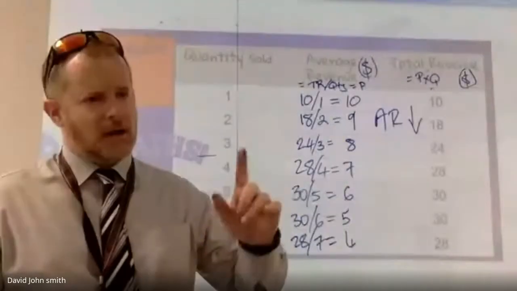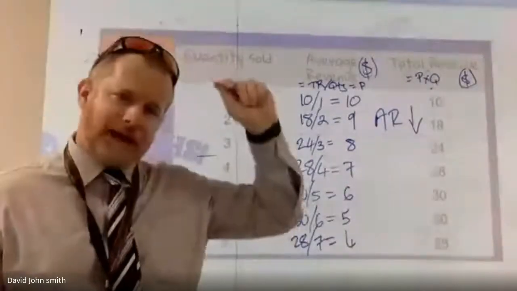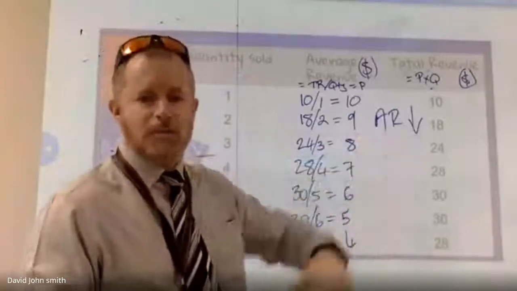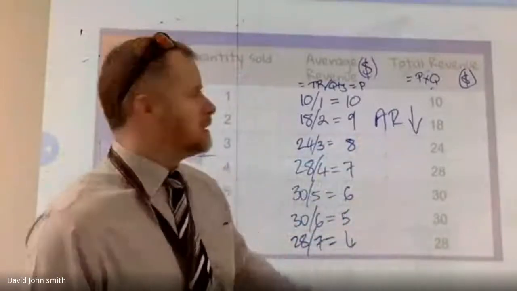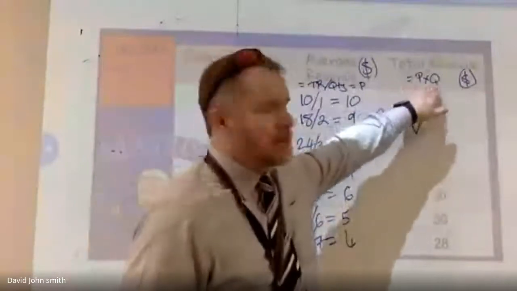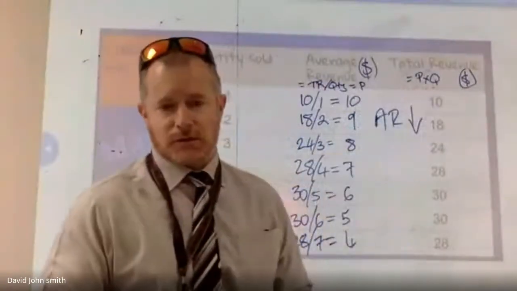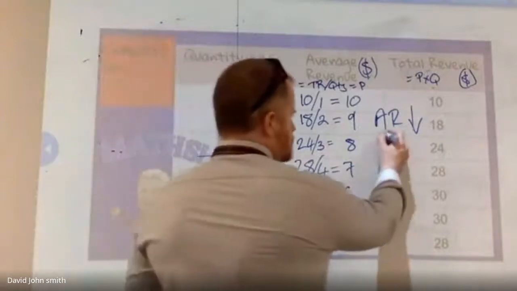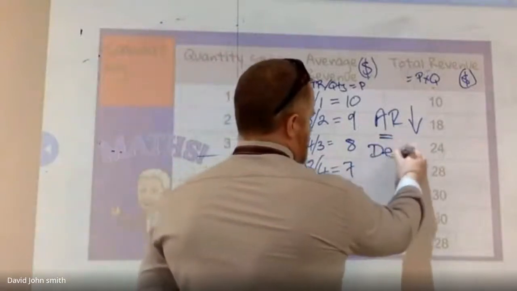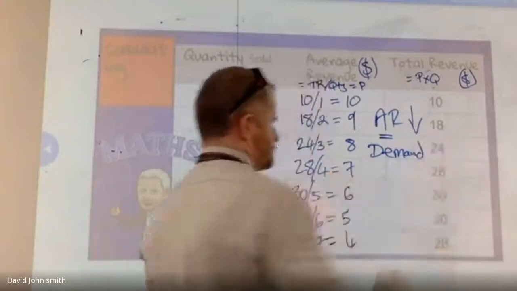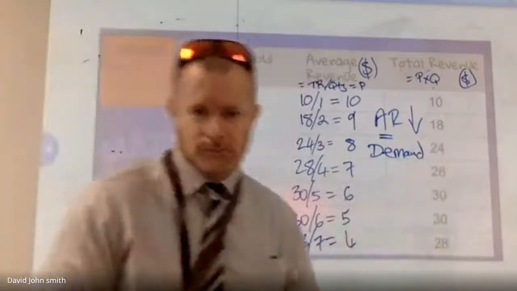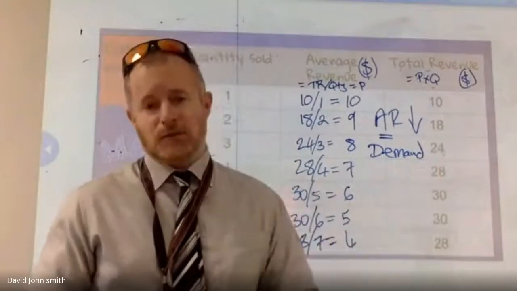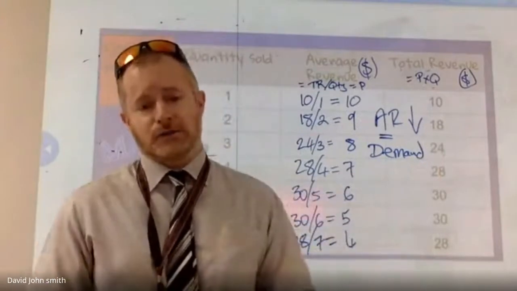But if you put a slightly different hat on and think, where does this average revenue come from? It comes from people purchasing quantities of these goods. So the average revenue, therefore, is also going to equal the demand, because that's where the average revenue comes from. It comes from people buying the goods.